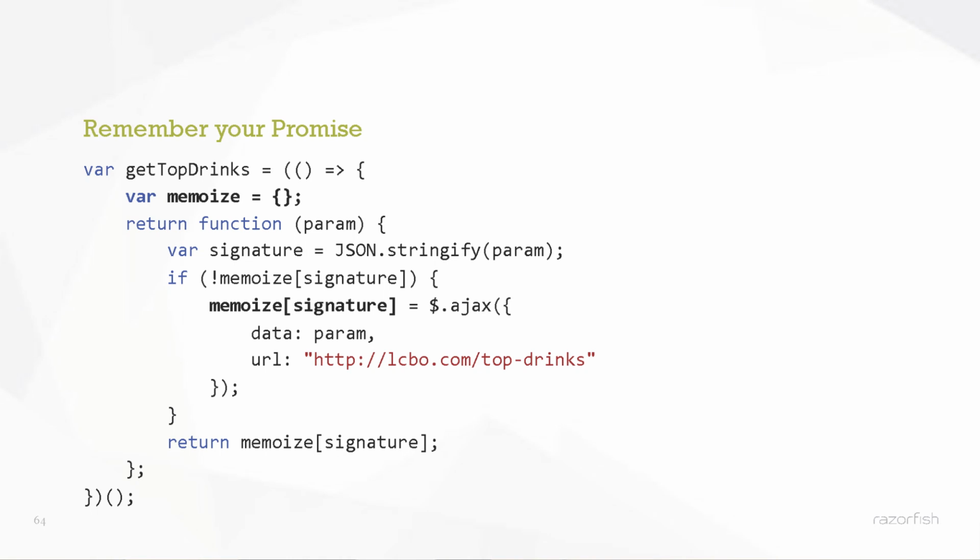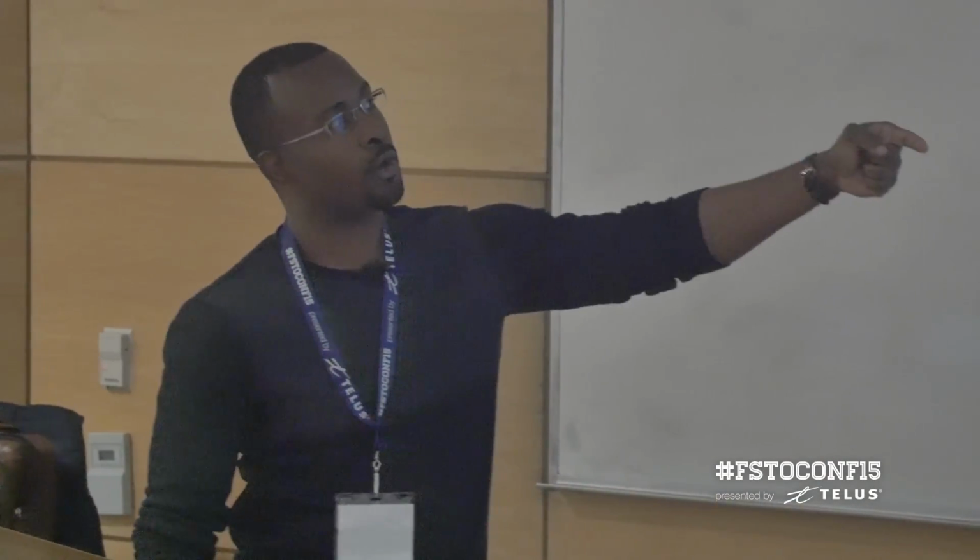If I don't have that in my cache, I'm going to then save my result, which is a promise that's coming back from my AJAX call there. I'm going to save that to this signature, and then I'm going to return the memoized version. So if someone else calls, that whole if block will be skipped, and they will just go to the return statement. All right? So that's an optimization technique that you can use today.